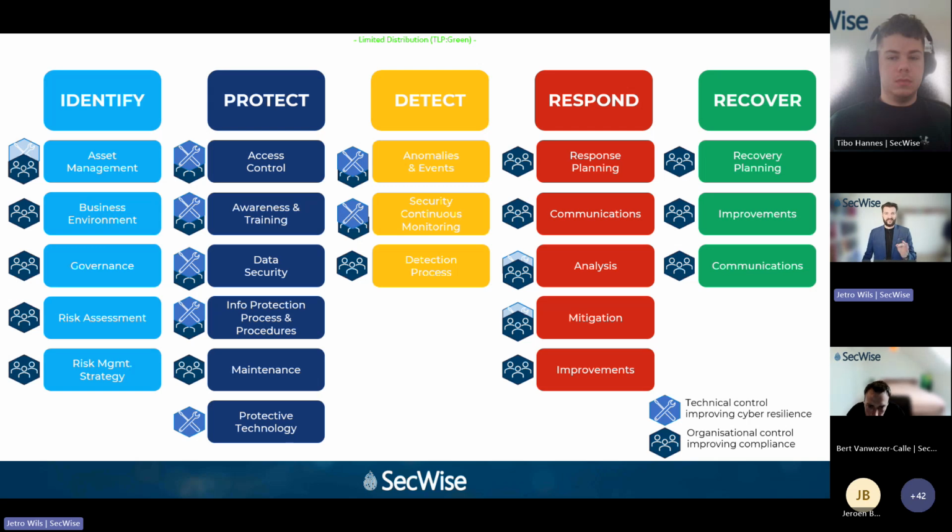So it's not about having all the controls installed and implemented. It's about having the governance, the management system in place. That's what the auditor will look for. It's fine to have a backlog of 100 security projects as long as there is a system in place that continuously does risk assessments, updates the roadmap, and it gets installed step by step. Okay, so that's the whole idea.